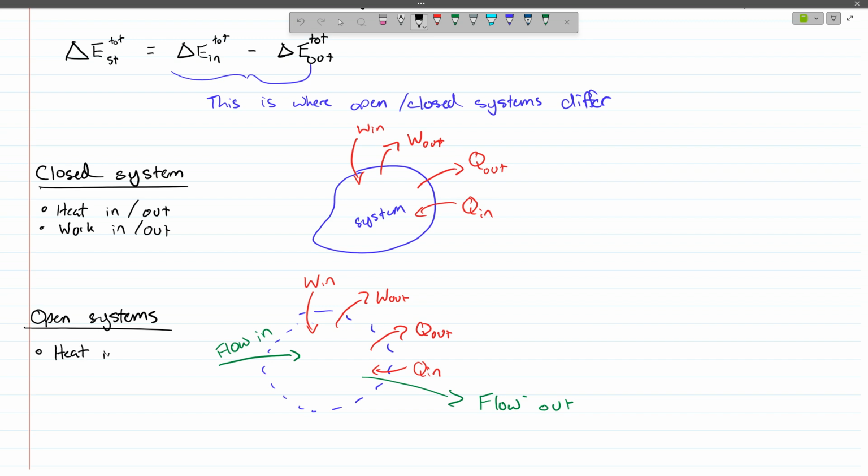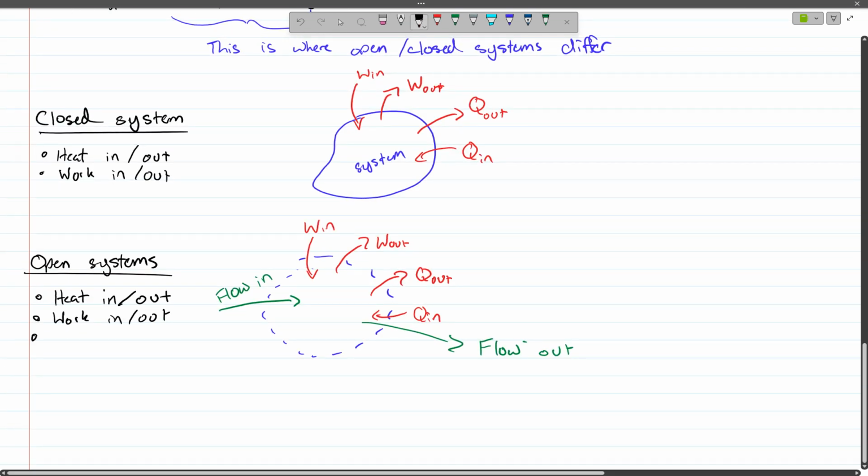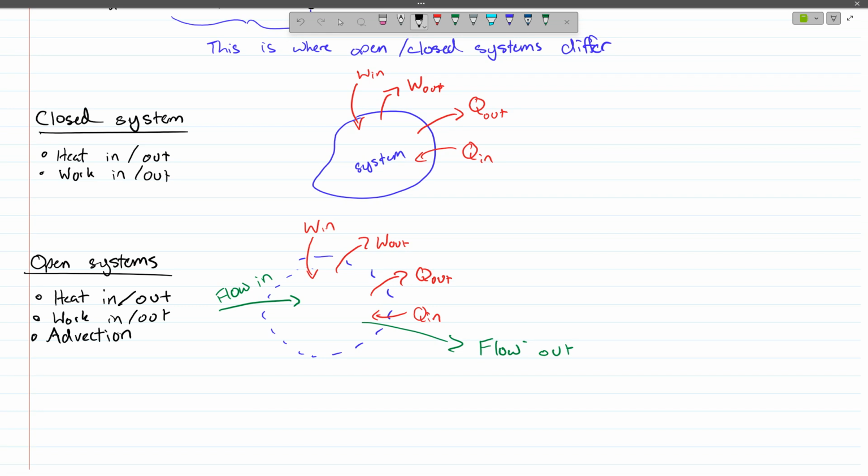So heat in and out remain. Work in and out remain. But we add in fluid flow, or the ability of mass to enter and leave.